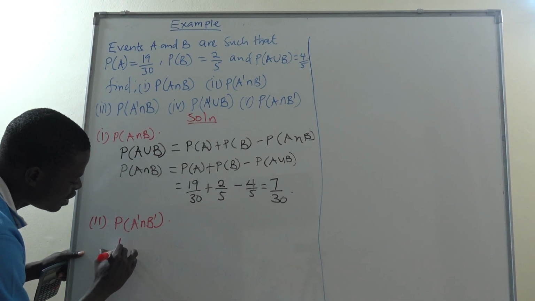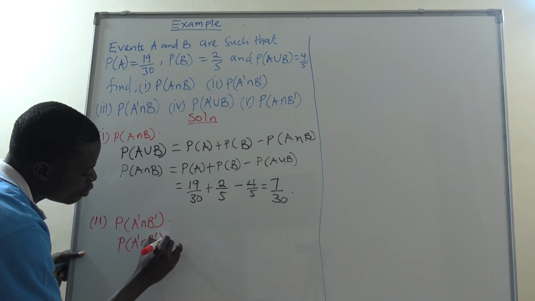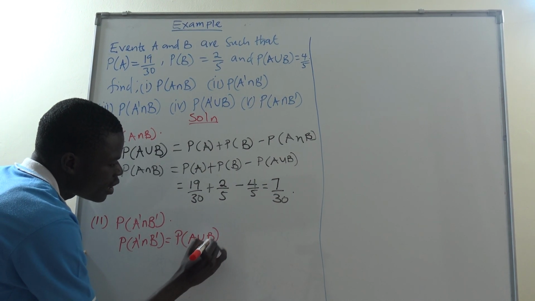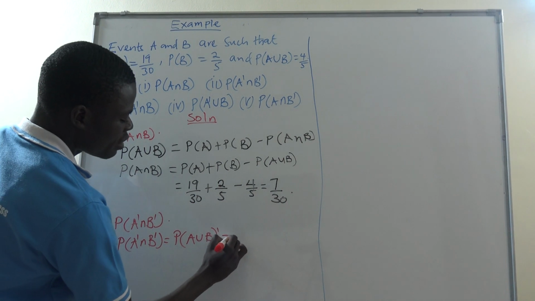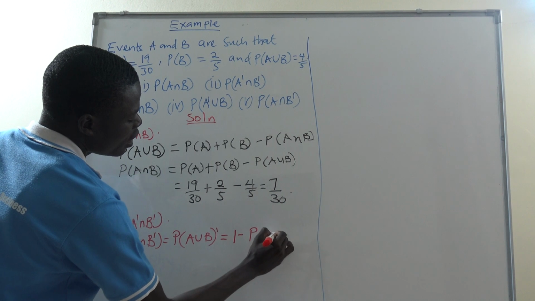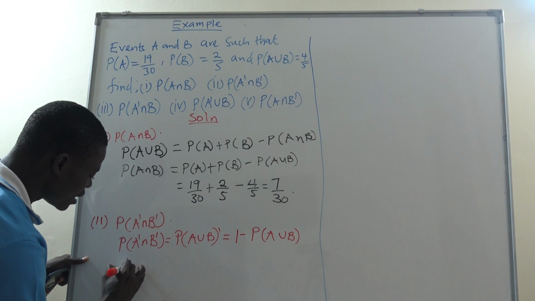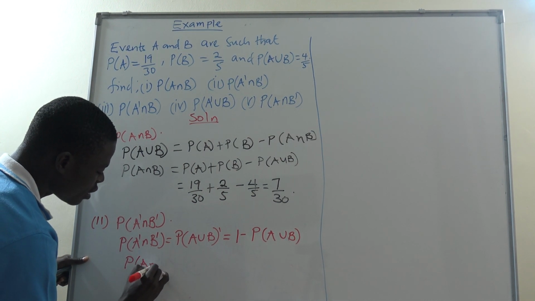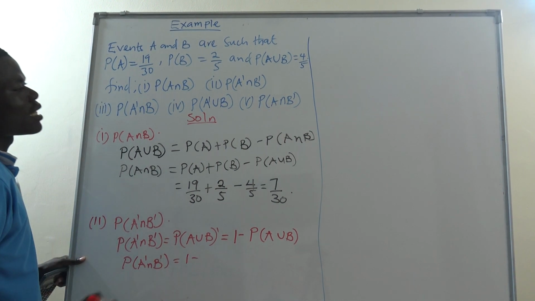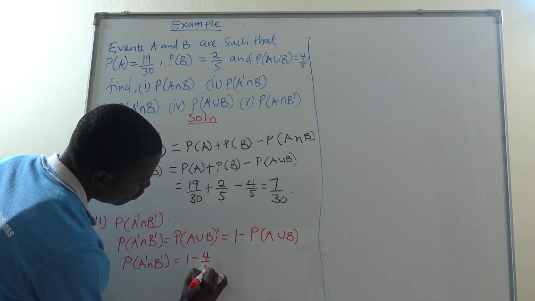We said the probability of A complement intersection B complement is the same as probability of A union B complement, which is given by 1 minus probability of A union B. So since we have that, then our probability becomes 1 minus A union B. A union B, we have it as 4 out of 5.